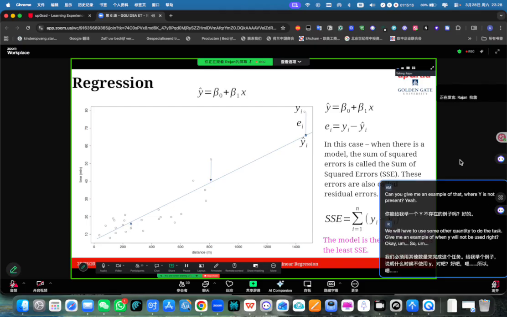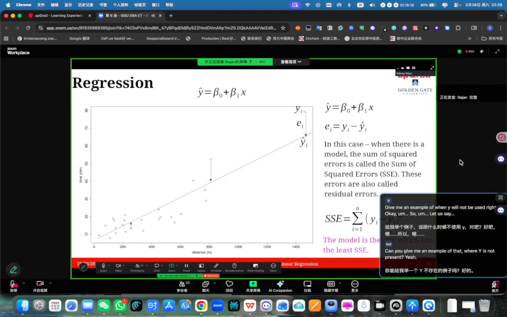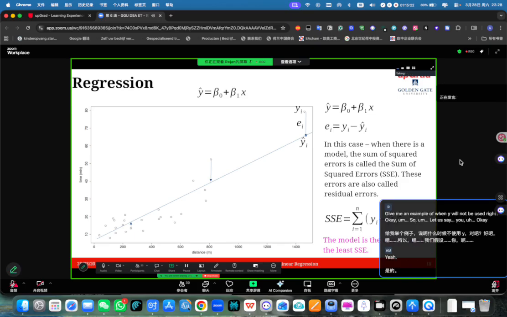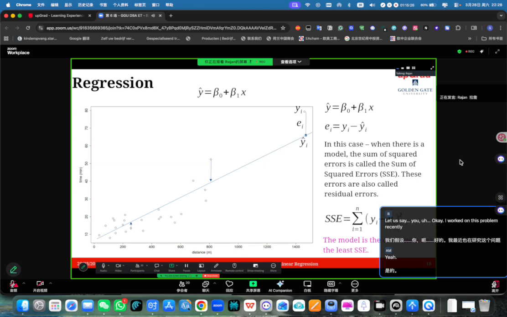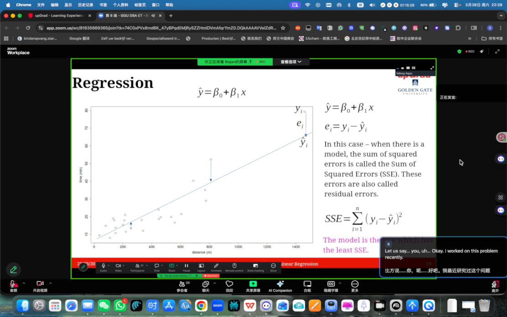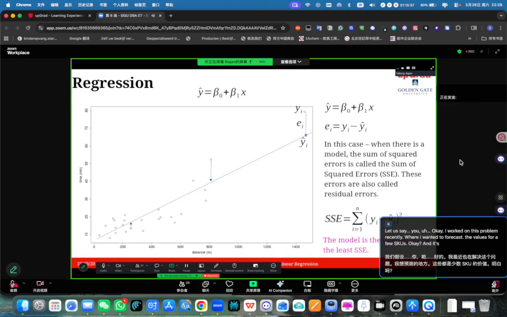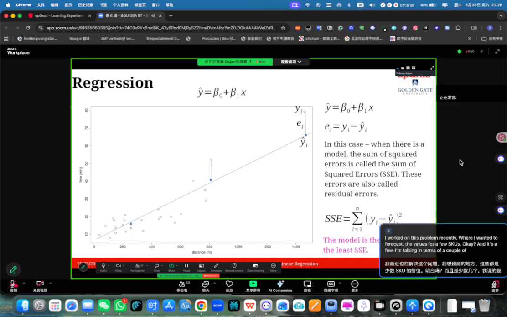I worked on this problem recently where I wanted to forecast the values for a few SKUs. And when I say a few, I'm talking in terms of a couple of thousands of SKUs.